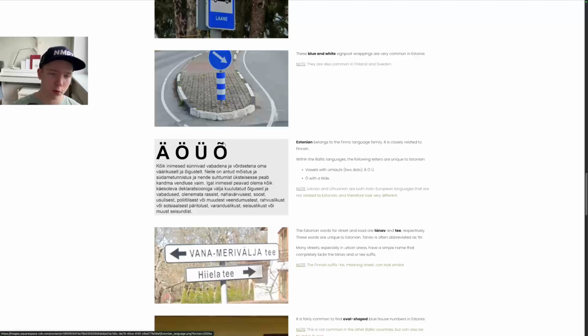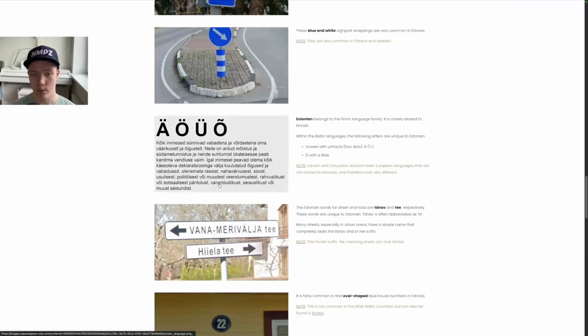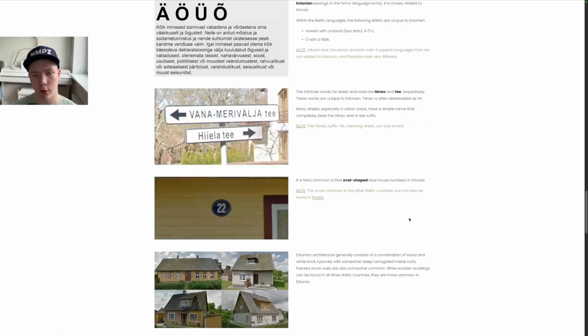It's pronounced differently in Portuguese, but the letter that looks like this also exists there, though the language looks really different. These letters you can also see, I think, all of them in Finnish. But in Baltic languages, all of these are unique to Estonian. The other Baltic languages do look quite different anyway.